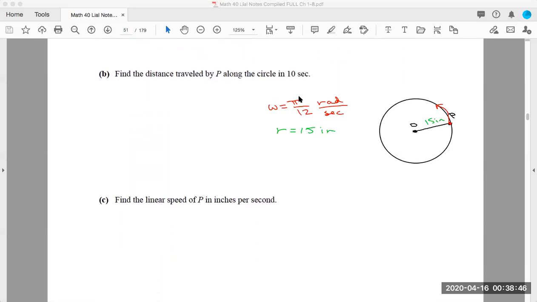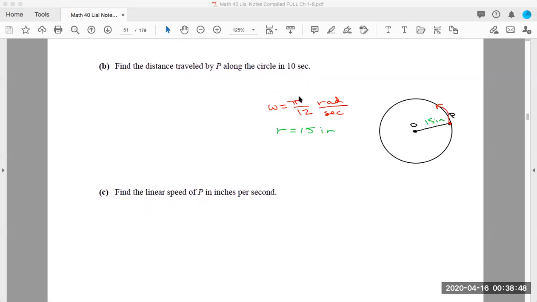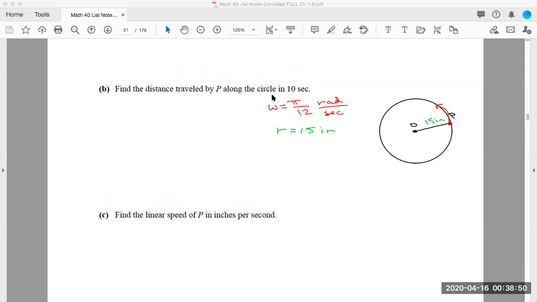Now we want to find the distance traveled by P along the circle in 10 seconds. The time is going to be the same, and we're looking for distance, which is S. So we go back to our formulas and figure out how we can get S from the information we have.